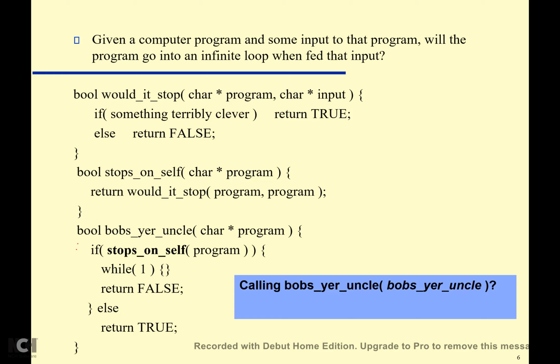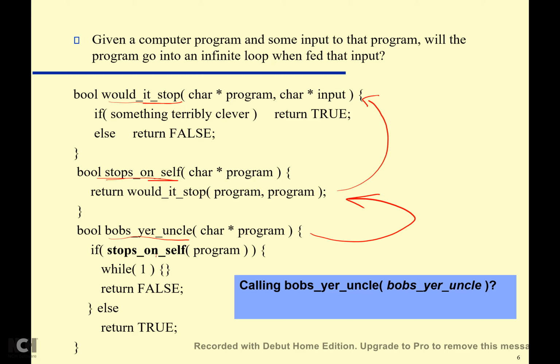So take a look at this one. They have three methods. The Bob's Uncle method, the stops on self method, and the stops method. The stops on self method will invoke this one, and this one will invoke that one, right? Let's take a look at this method.